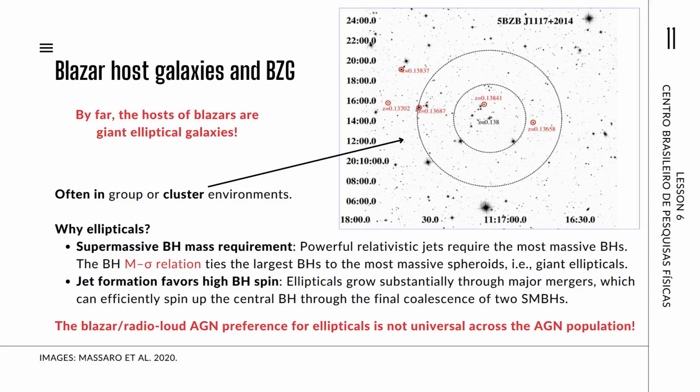Okay, but let's take a look at what the typical host galaxies of blazars are. Look, I'm talking about blazars, not AGN in general. They are typically giant elliptical galaxies, and we have very large black holes in these galaxies.